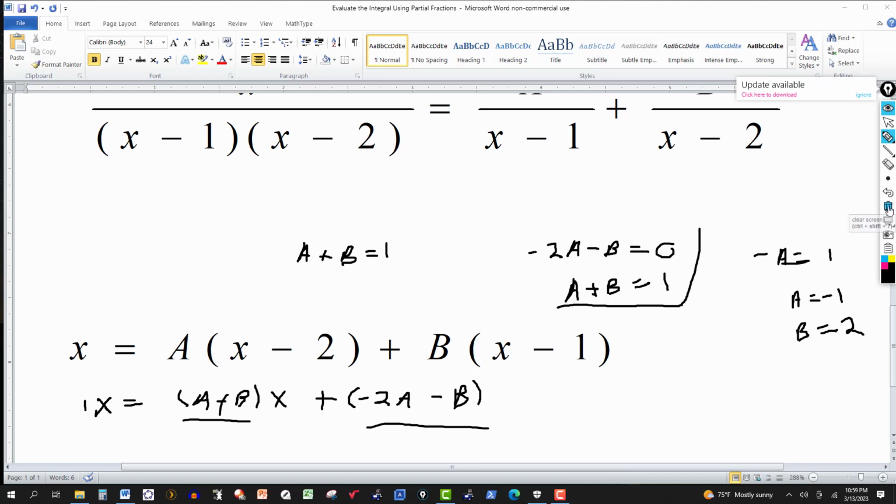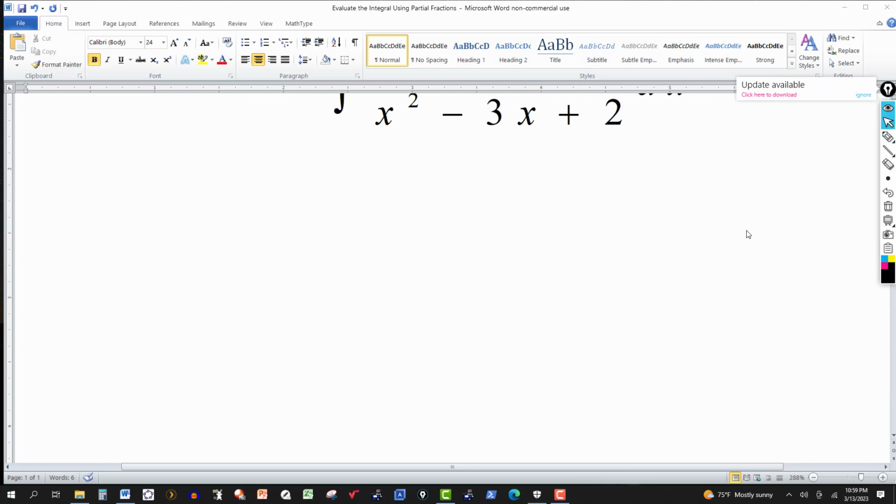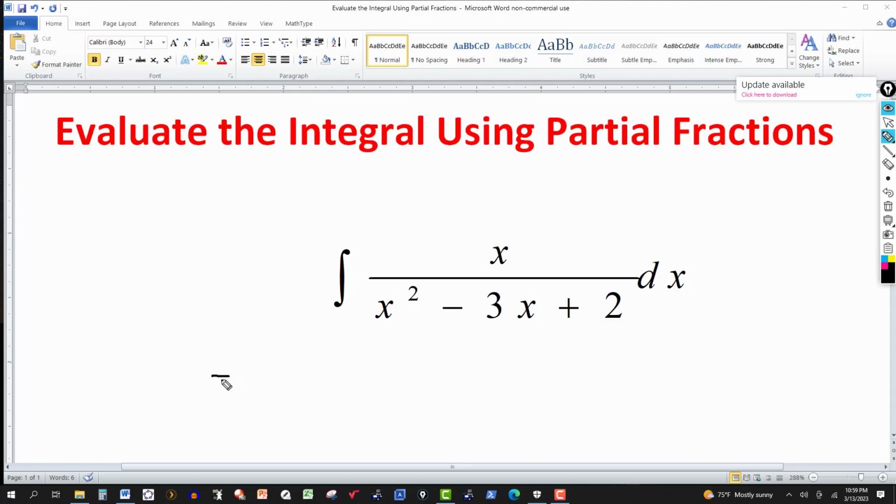So now that we have the constants in, we can go back over here and just write it out this way. The integral, we break this up into the partial fractions using the integral sign here. We'll have a over x minus 1, and a was negative 1. So this gives me negative 1 over x minus 1.